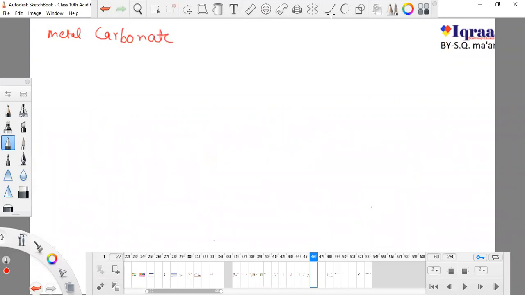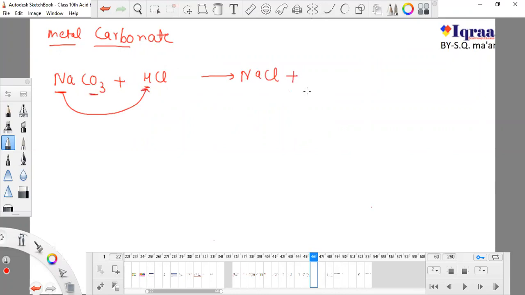So now I'm taking metal carbonate. I'm taking sodium, you can take any other carbonate. Sodium carbonate and I'm taking HCl. Now remember that Na is more reactive than hydrogen. We studied just now, so it can replace hydrogen. So it will form NaCl, and this HCO3 forms H2O and CO2.